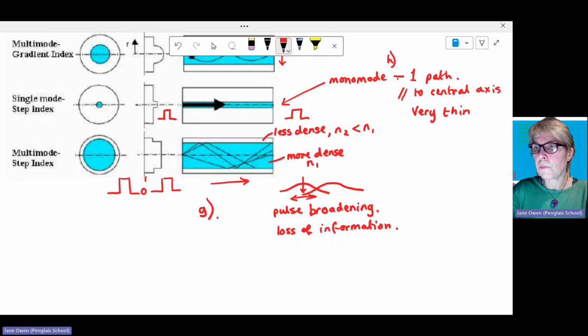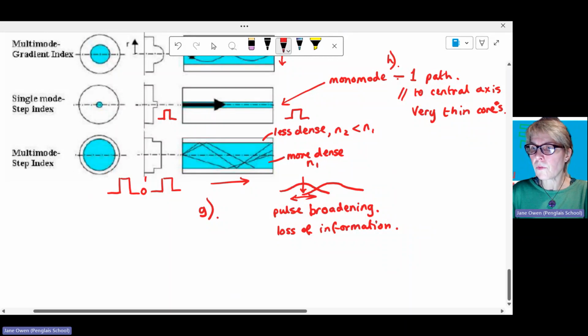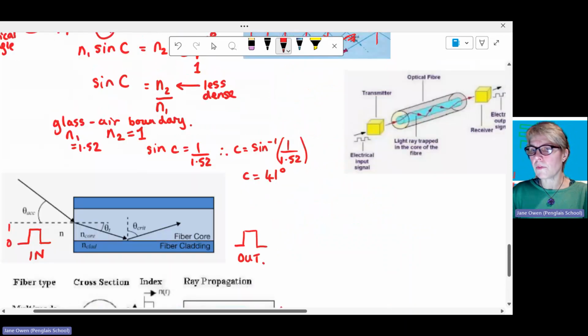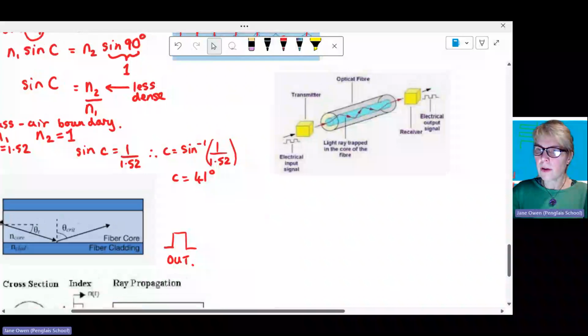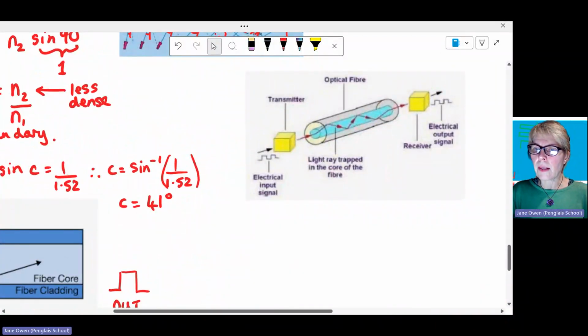And this addresses point H. The core is only a few wavelengths in diameter. And here's an example of the signal going in and the signal coming out.